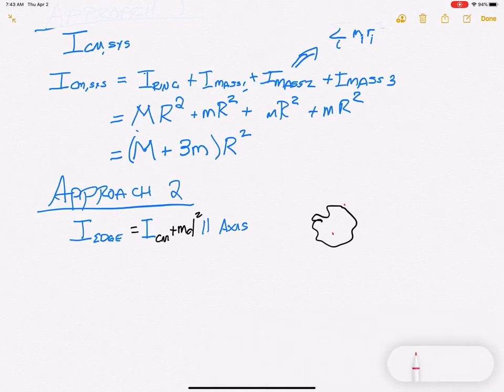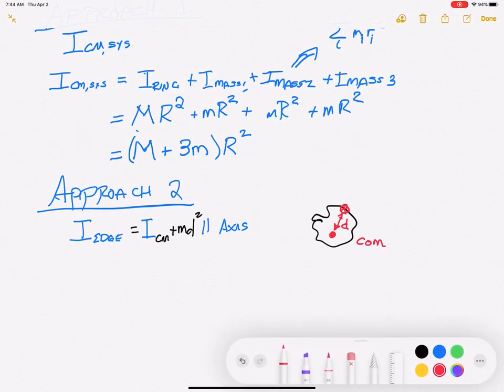So that would be our center of mass. And if we then constrain it to rotate around a particular axis of rotation, then this is the distance d, as we shift the mass to the edge.